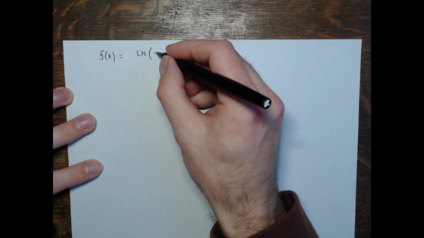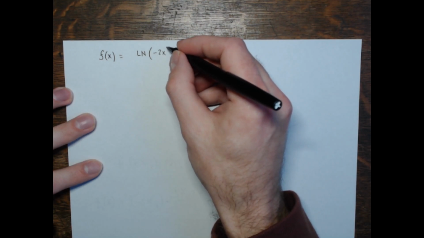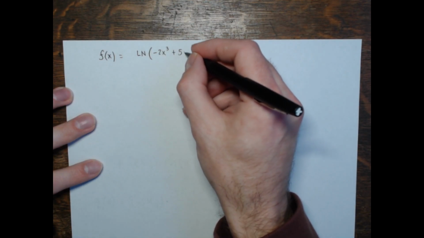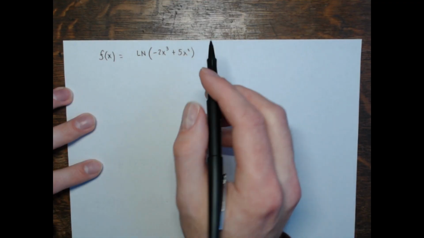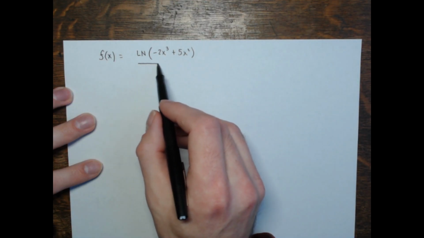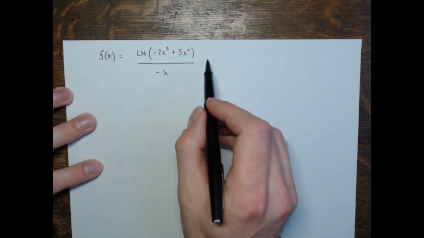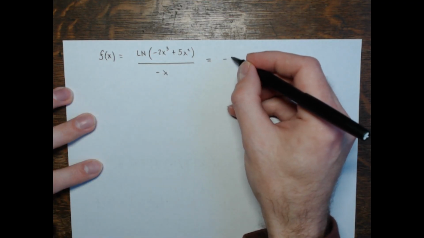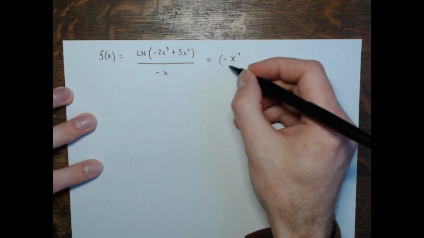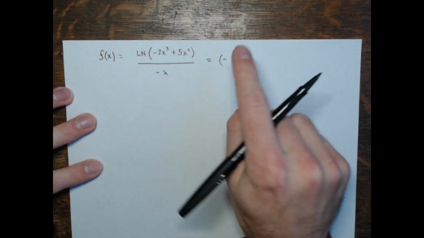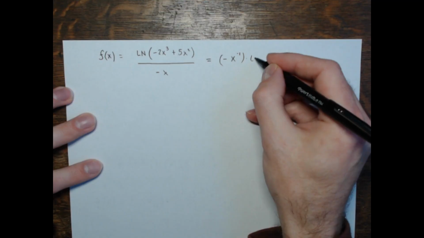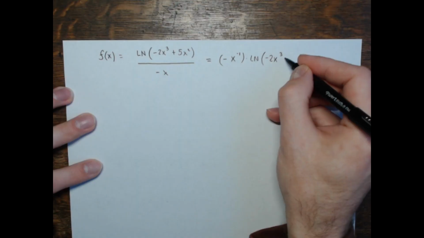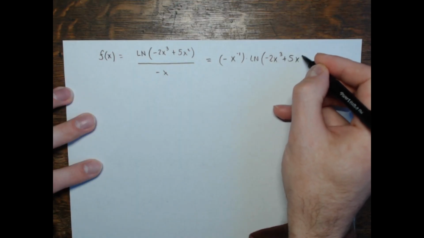So chain rule is going to come into play when we differentiate this. So -2x cubed plus 5x squared in here, and then divided by -x. But like I said, I'm gonna rewrite this instead of dividing by -x. I'm gonna write that as times -x to the -1. That's the same thing. And then times this natural log of -2x cubed plus 5x squared.